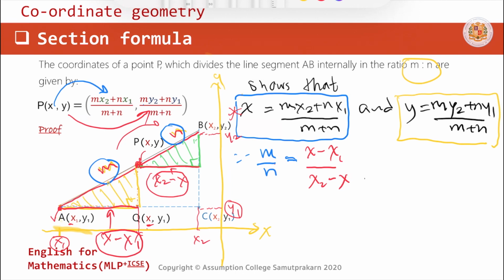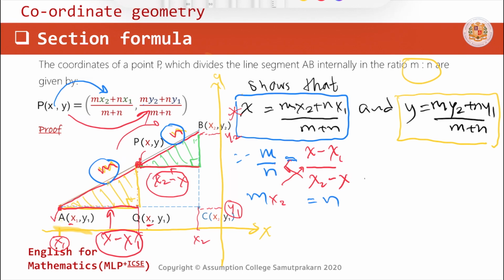So let's make it quick. How do we get that? Okay, we're gonna have to cross multiply, right? Cross multiplication here. So we're gonna get m and n, okay?